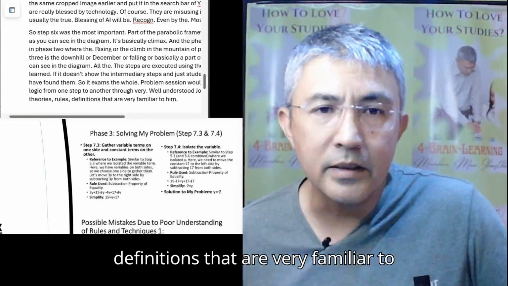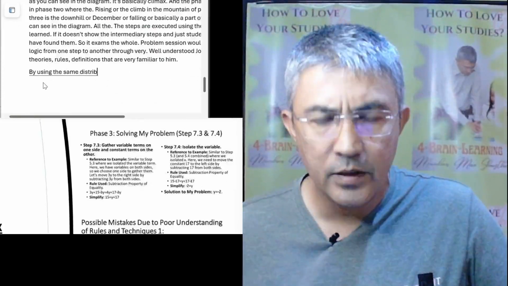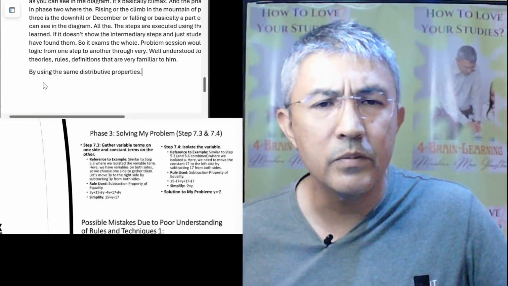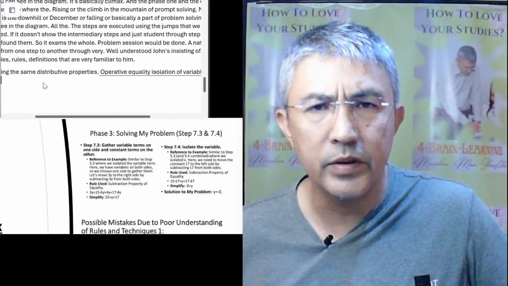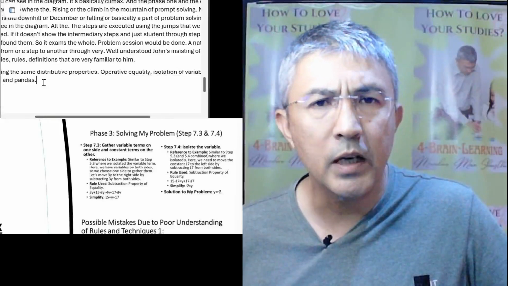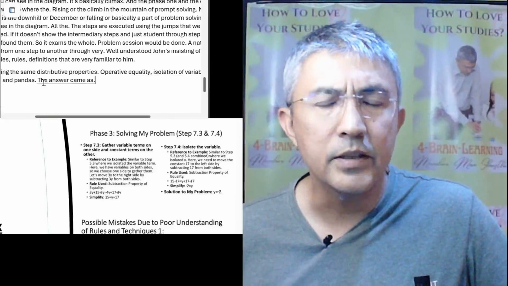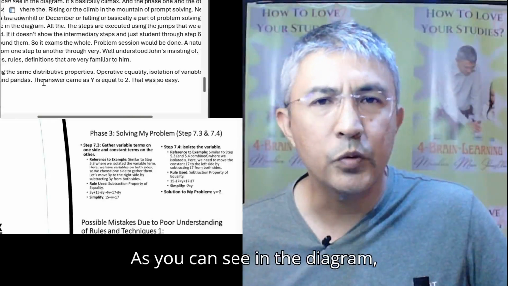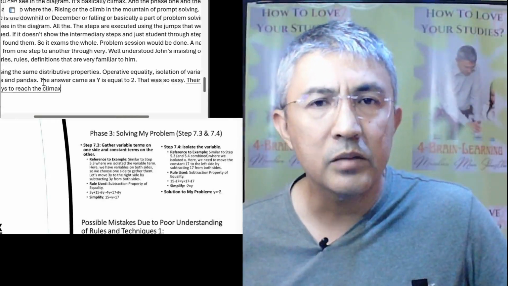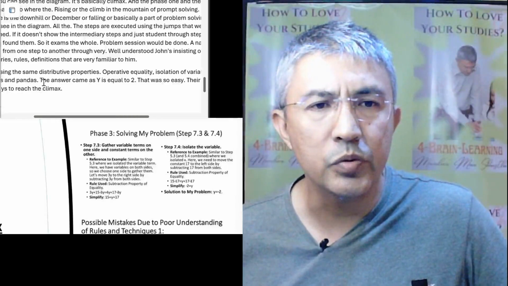As you can see in the diagram, by using the same distributive properties, operative inequality, isolation of variables, BODMAS and PEMDAS, the answer came as y is equal to 2. That was so easy. The hard part was always to reach the climax.